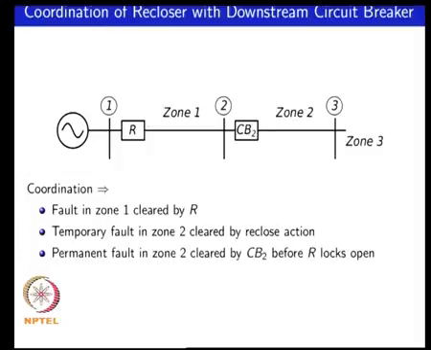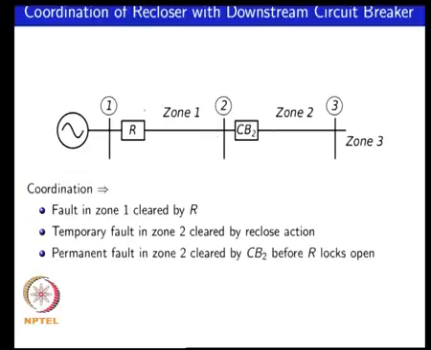Okay. So, if you have a fault in zone 2, CB2 would open, then during the next reclose cycle your zone 1 would go back to normal operation and it would continue with this particular breaker being open and the section in zone 1 having its normal power feed. Okay.